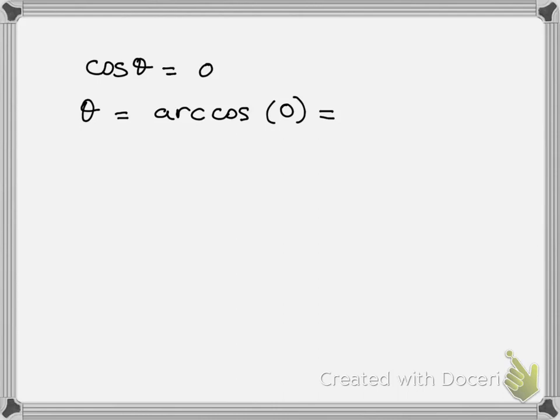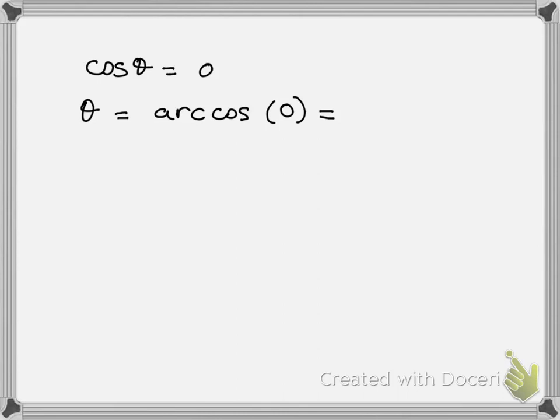So cosine of theta is equal to 0. Okay, and again, theta would be arccosine of 0. So for which angle does cosine equal 0?